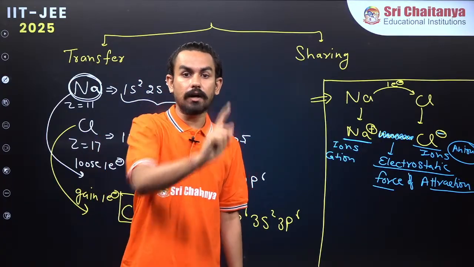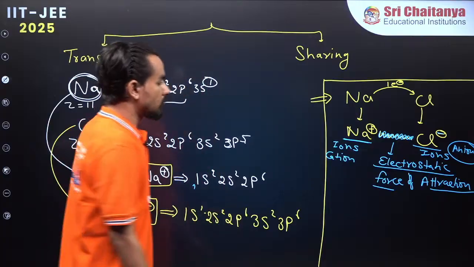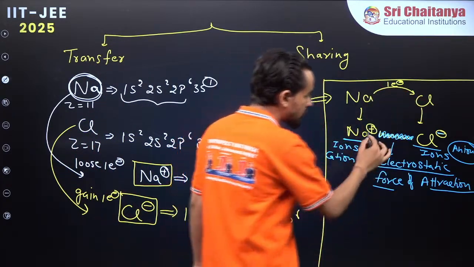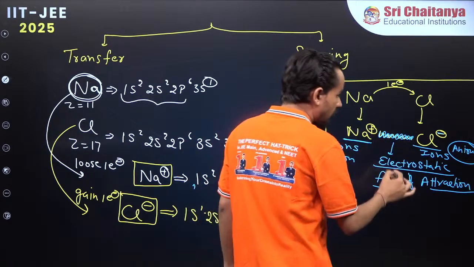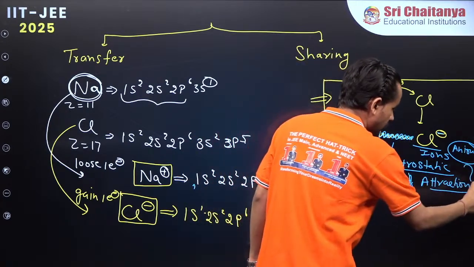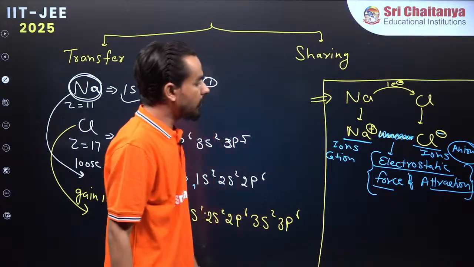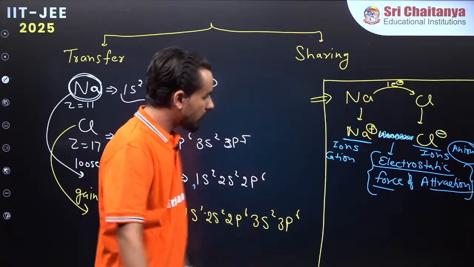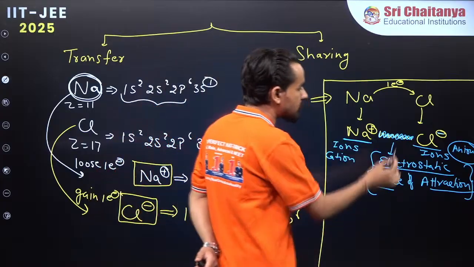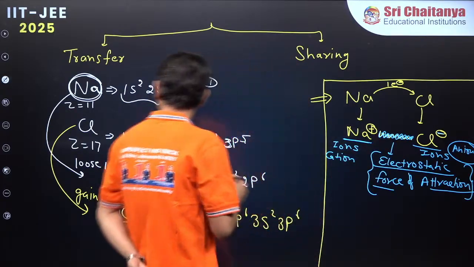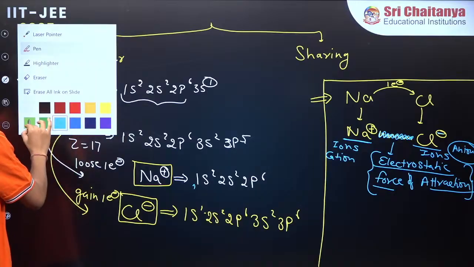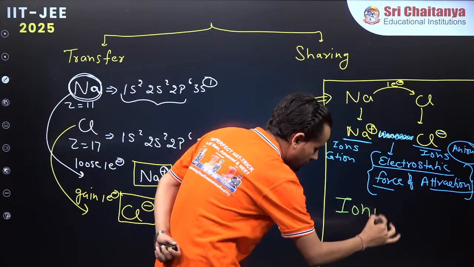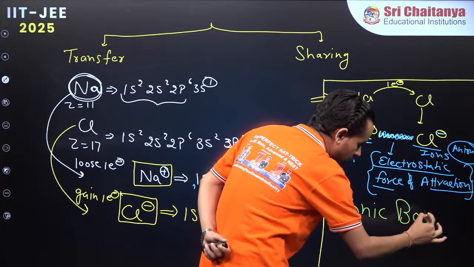These two ions, due to transfer of electrons, got charge, and they are connected by this electrostatic force of attraction. This kind of attraction is known as a bond, and because this bond is formed between ions, it is known as an ionic bond.